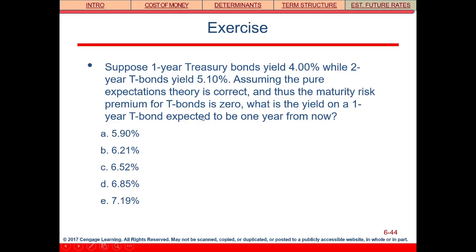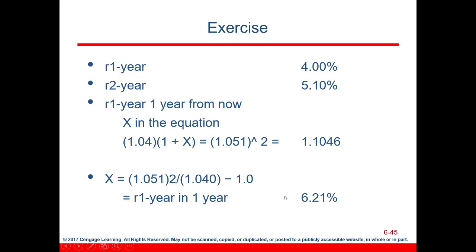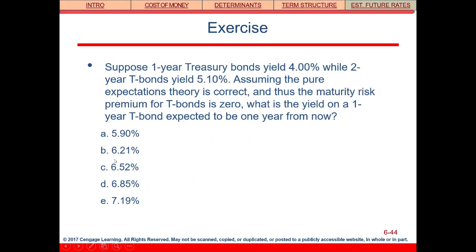So what you can do is (1 plus 5.1%) squared equals (1 plus 4%) times (1 plus X%). Then you can calculate X. So this is the equation I was talking about. Then you can calculate this X and you can know that it should be 6.2%. So the correct answer should be B.